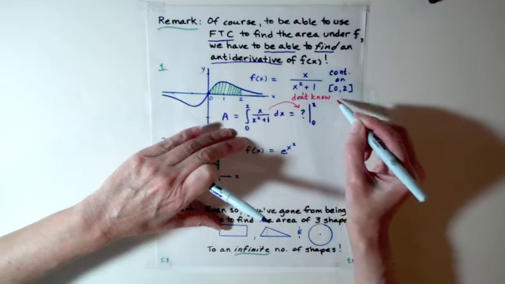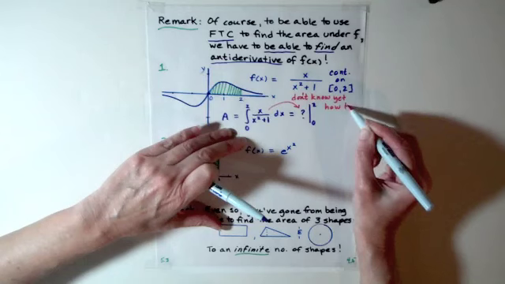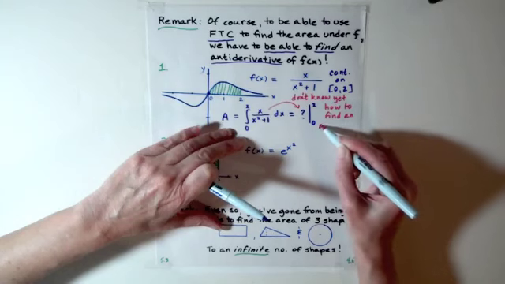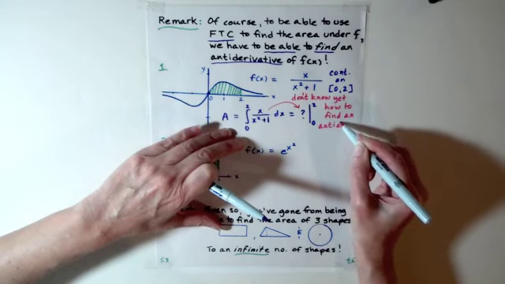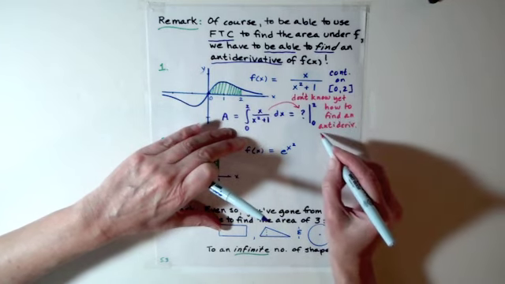So this is actually something we don't know yet how to find, an antiderivative. And in fact, you will learn how to find the antiderivative of this function later in this course.